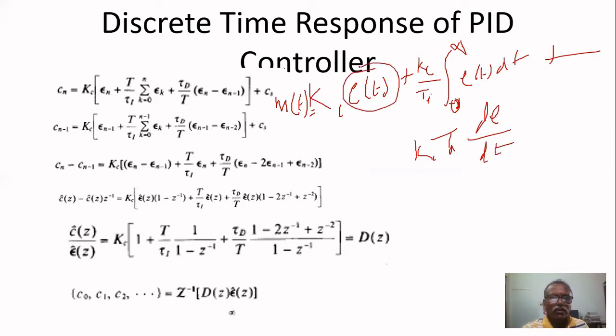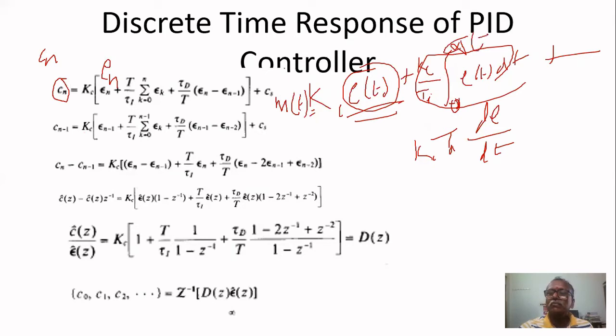If you convert this into sampled values, E of t becomes E of nT, which can be written as E suffix n. The controller output at the nth instant, C of nT, can be written as Cn. Here integration becomes summation. We are integrating up to the present value, up to t, not infinity.